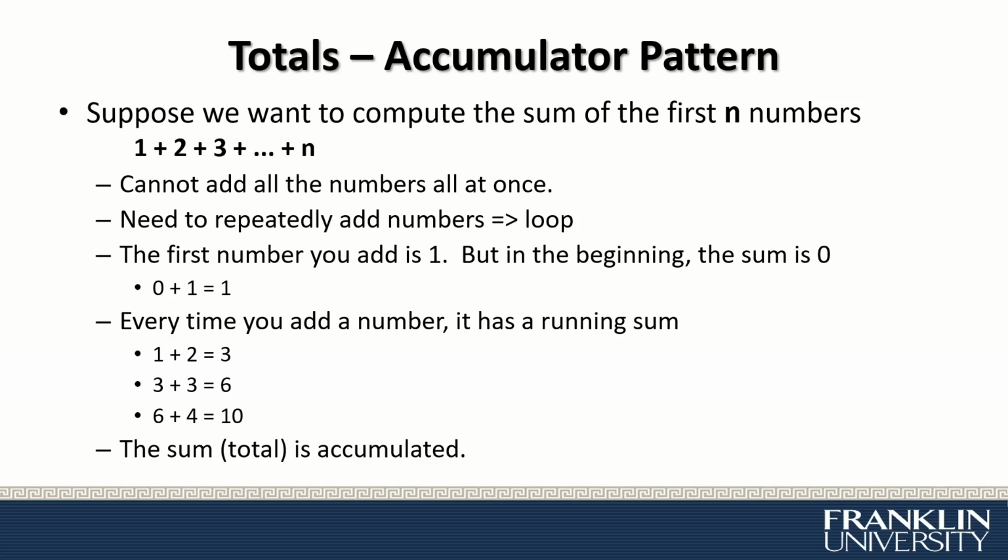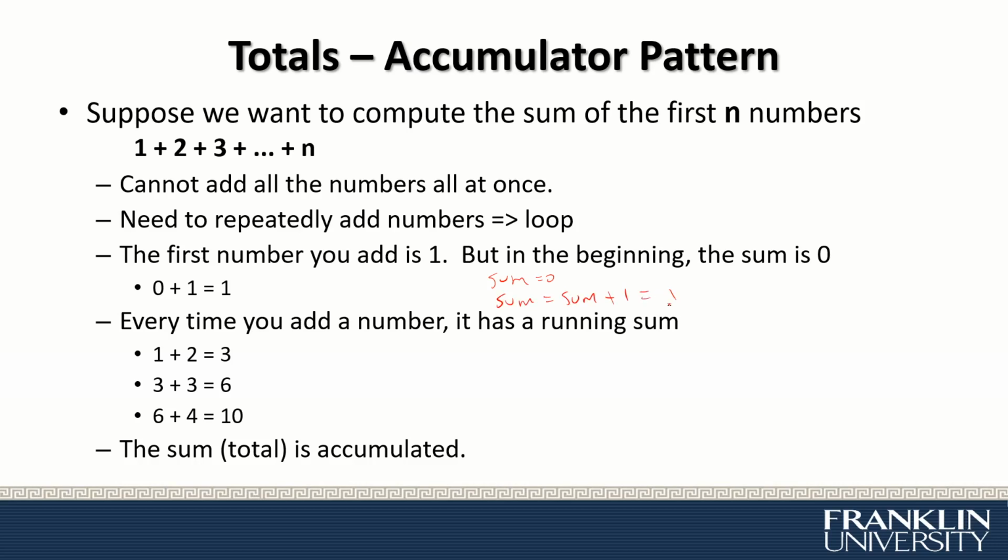The first number you add is 1, but in the beginning the sum is 0. Think about the total or the sum is 0 in the beginning. So I'm just adding the sum to 1. And then later on I do sum equal to sum plus 1, which in this case equals 1.